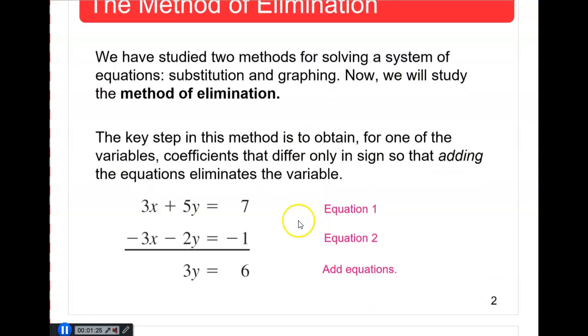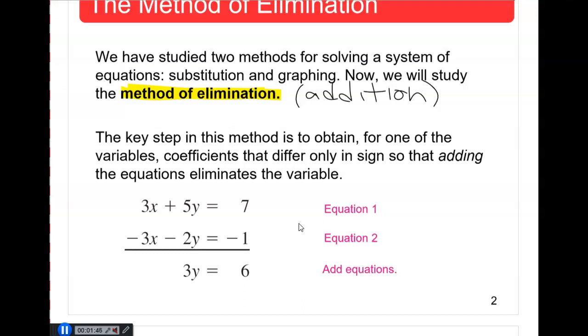The method of elimination is also known as addition, because the purpose of this method is to add the two equations with the hope that you can cancel or eliminate one of the variables. So you add to eliminate.